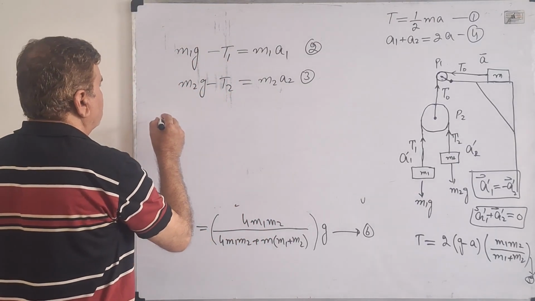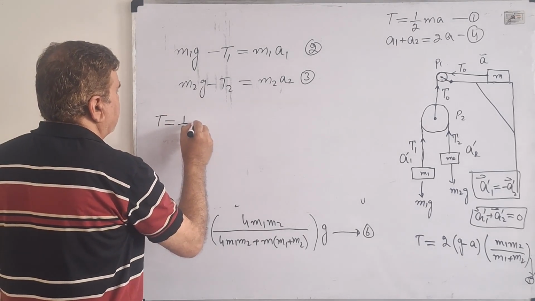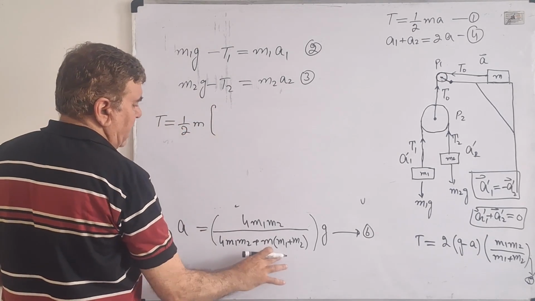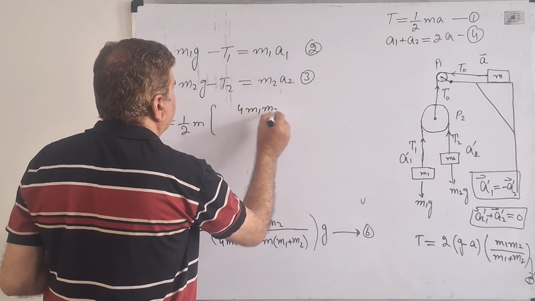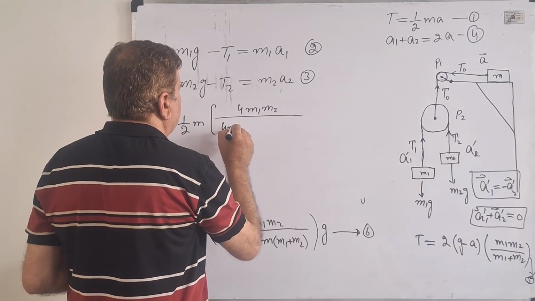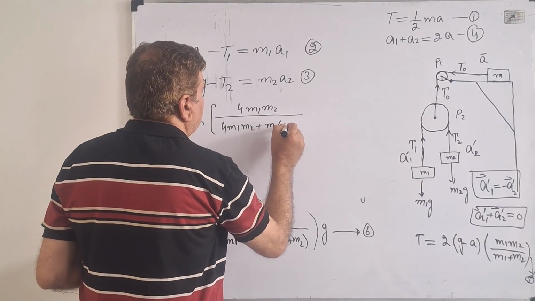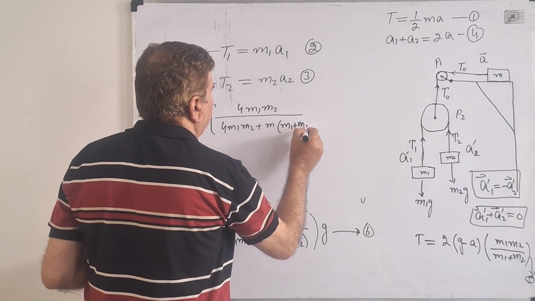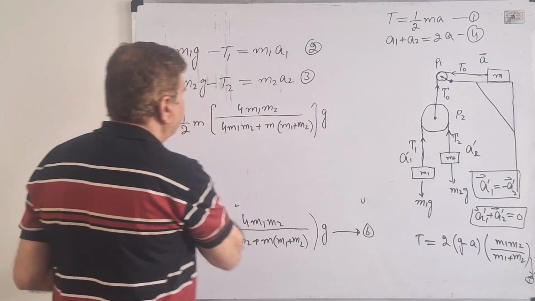So that I can do by putting T equals half m into the value of acceleration, which is 4 m1 m2, this whole divided by 4 m1 m2 plus m into m1 plus m2, and the whole with g.